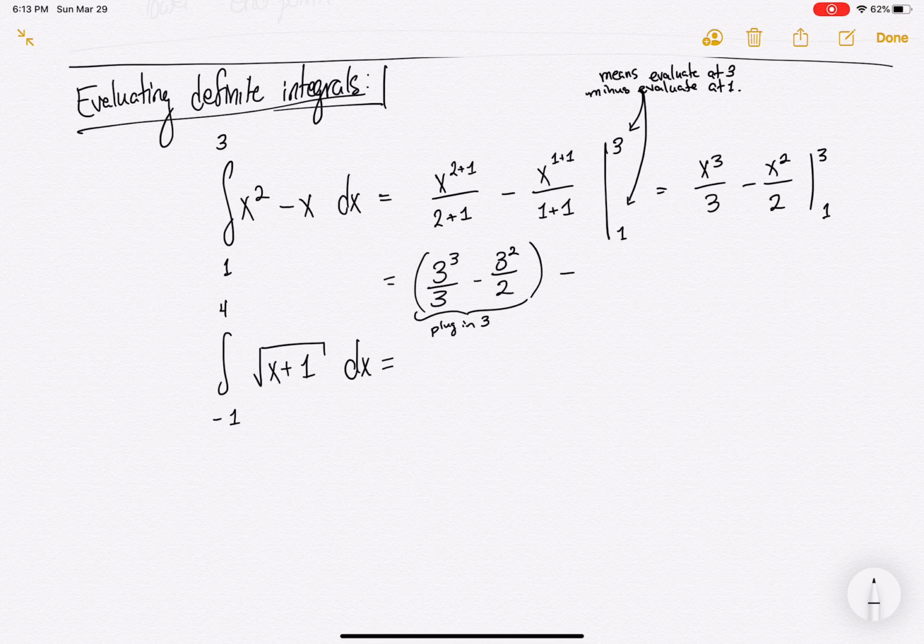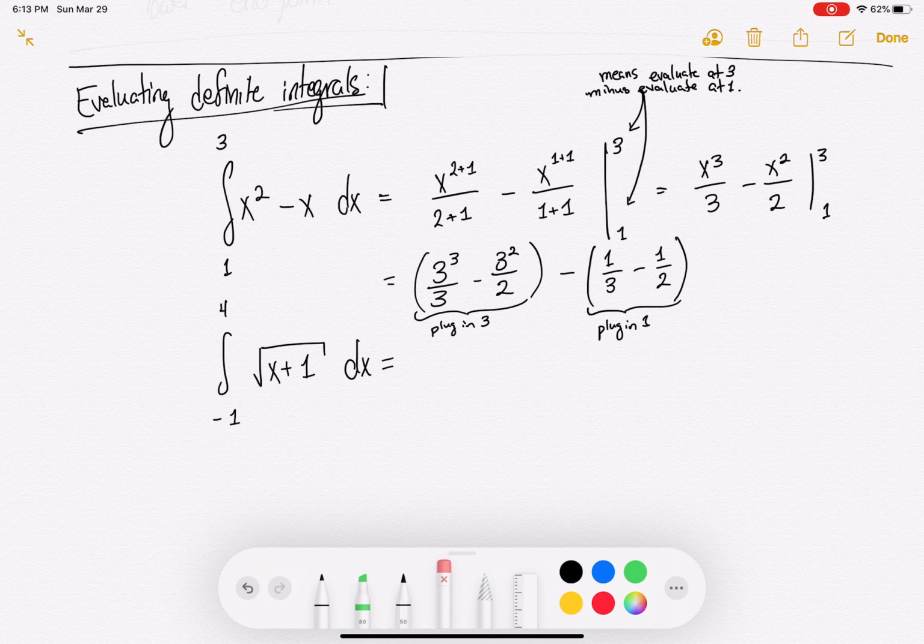And then I subtract, I plug in 1. 1 cubed over 3 minus 1 squared over 2. And this is pretty important to put your parentheses around each piece, because then you remember to distribute your minus signs if you need to. That's the world's ugliest one.